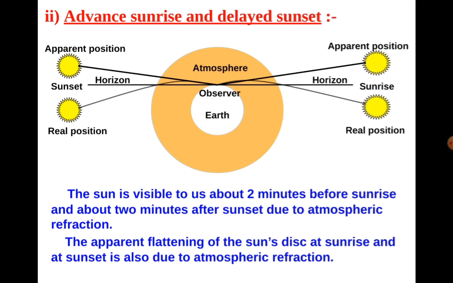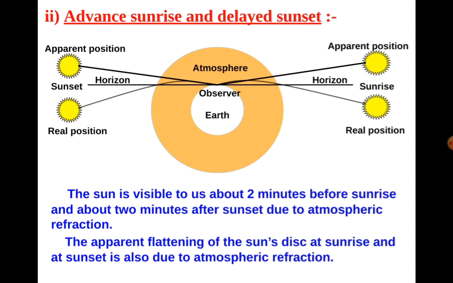This is what happens. To explain it very clearly, when the sun is slightly below the horizon, the sun rays coming from space into the earth's atmosphere, because they pass through different densities, undergo lots of refraction, and they bend towards the normal continuously.